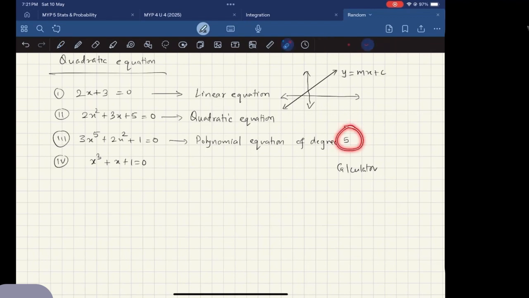That is why I'm saying the degree is 5. And this one has what highest degree? 3. So the highest degree is 3, so you call it a cubic equation. I'm calling these equations because I have an equals sign, and on the right-hand side, you get some number.